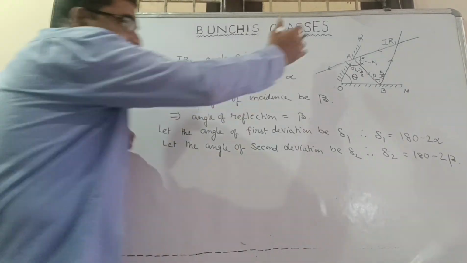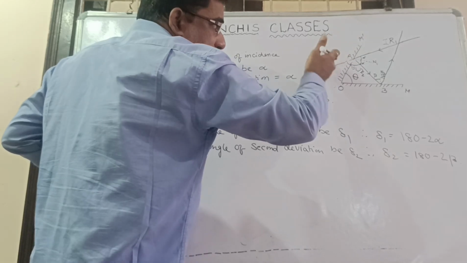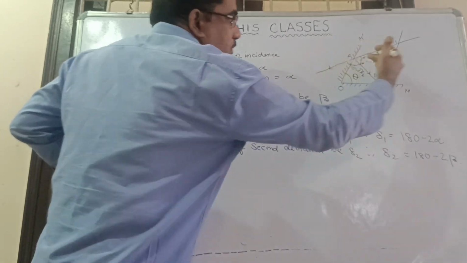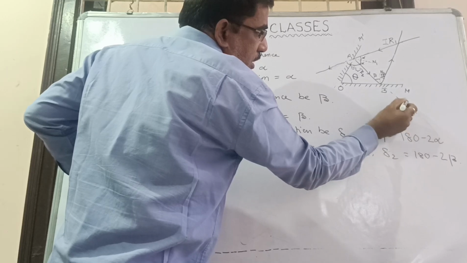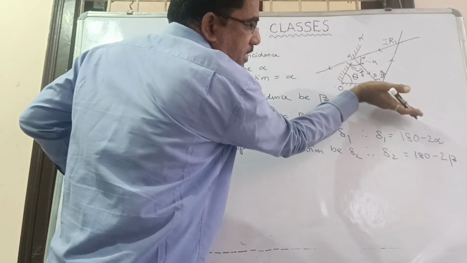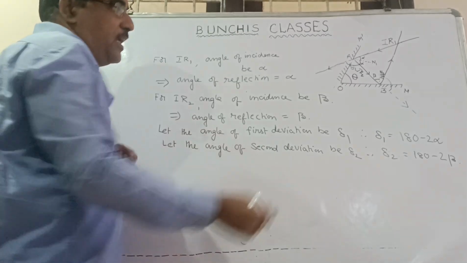What is the net deviation? This is the first deviation. Actually, it has to go like this. After the first deviation, the ray has to go like this. Again, it has taken a second deviation, that is delta 2.